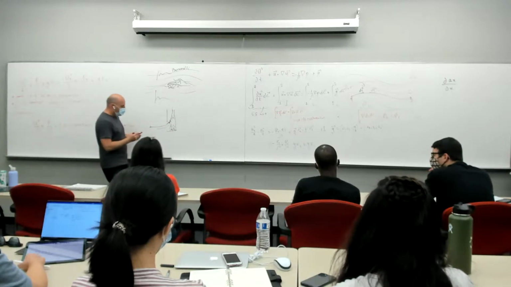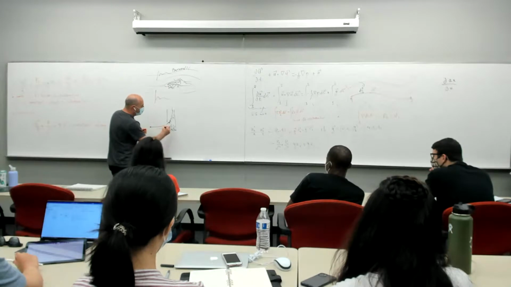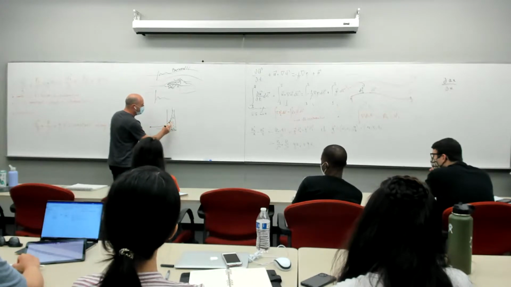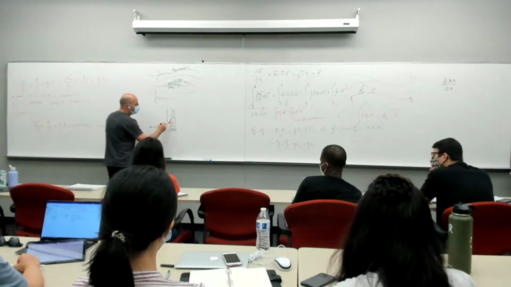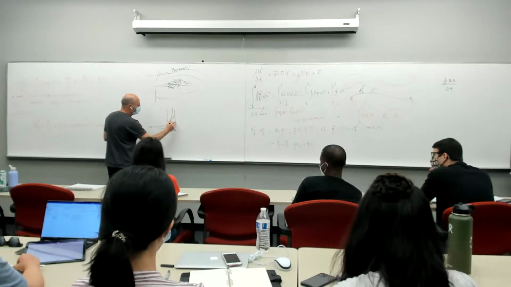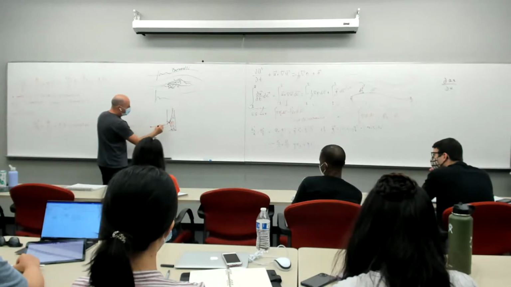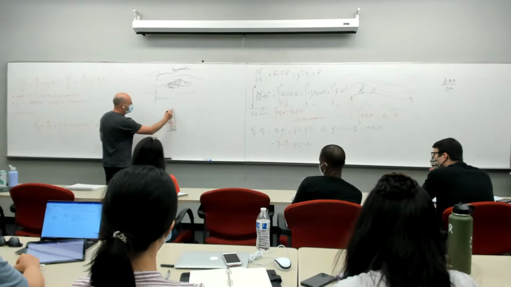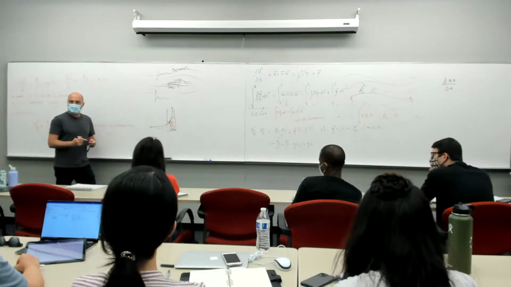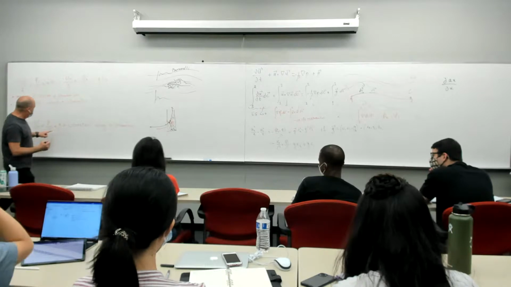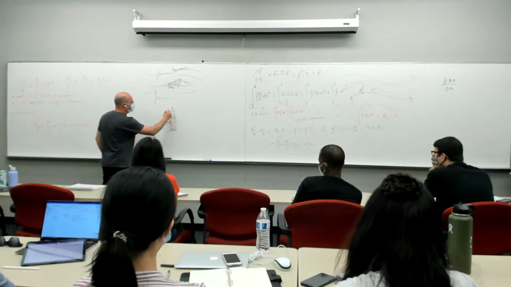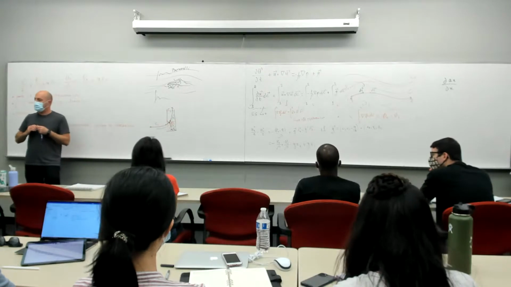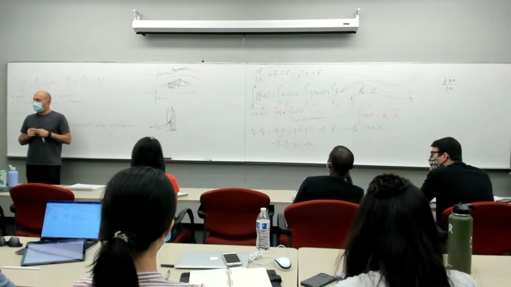But something crazy is going on here: you're adding energy. So I wouldn't apply Bernoulli from here to here. I would instead apply it from here to here, and maybe from here to there. These constants will be different. This might have a constant C1 and this might have another constant C2. It's different because you added energy to the system.